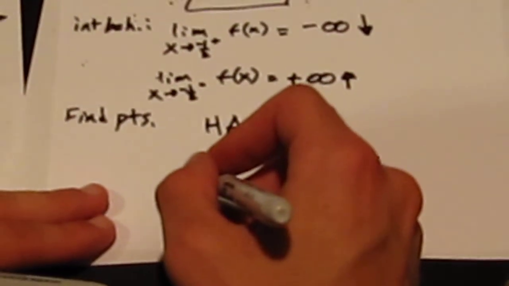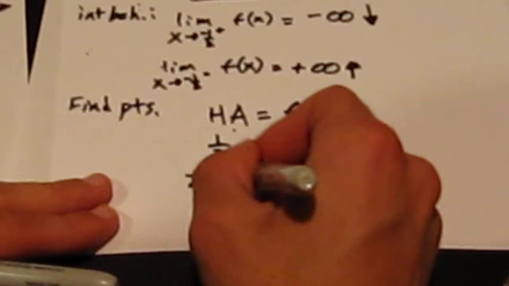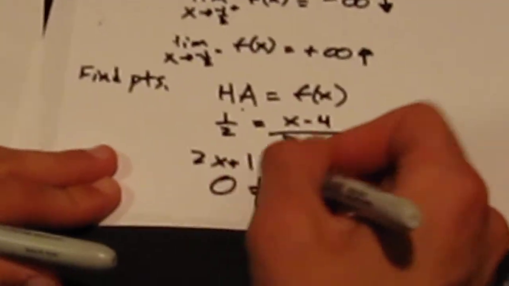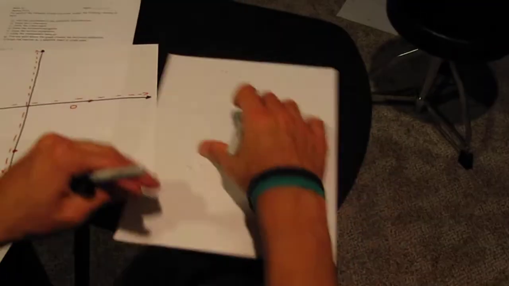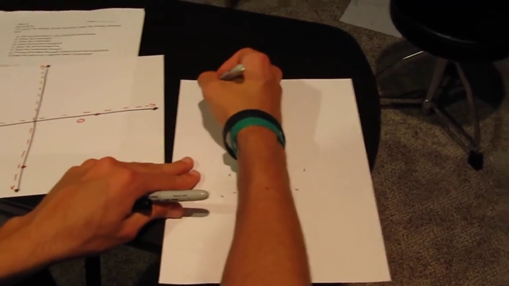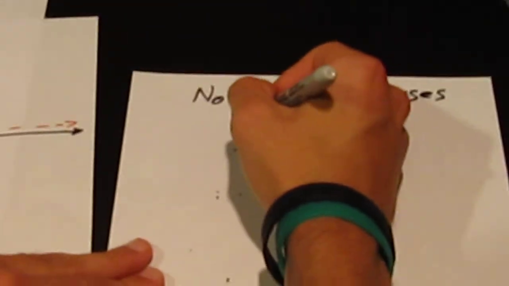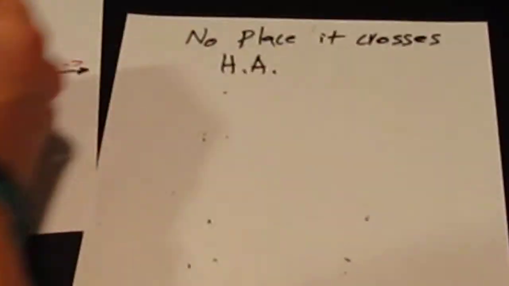If you do the math, that gives you 2x plus 1 equals 2x minus 8, and then 0 equals 9, but that doesn't work. So what that means is there is no place where it crosses the horizontal asymptote.